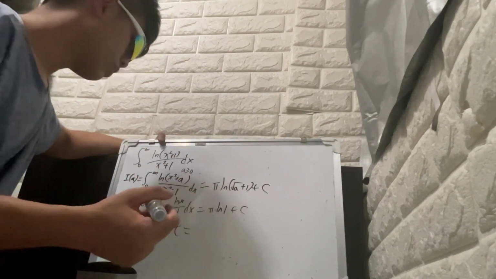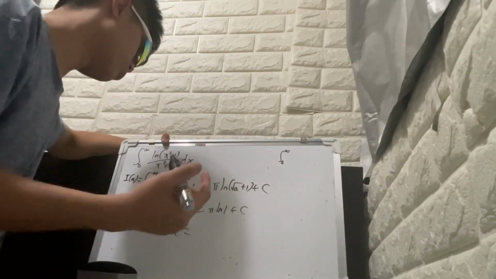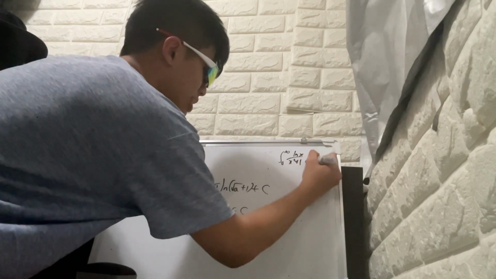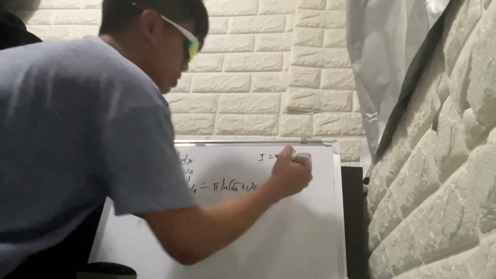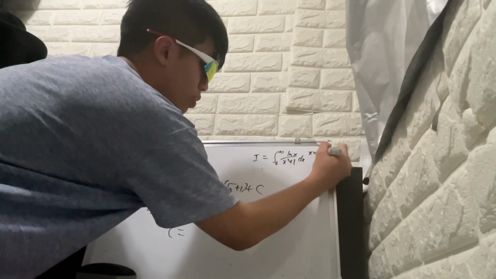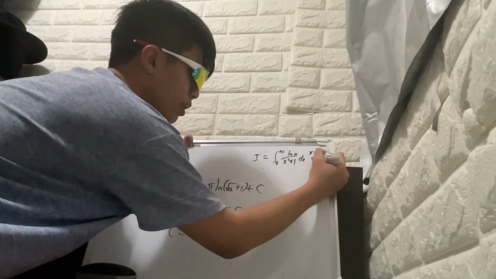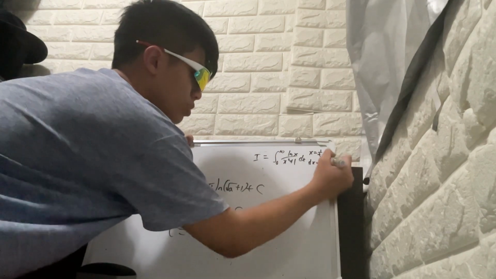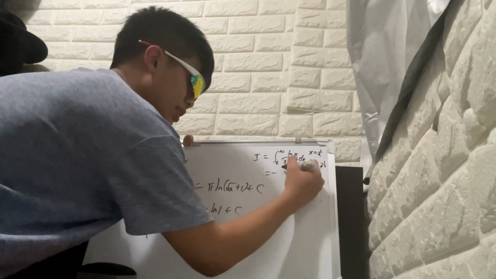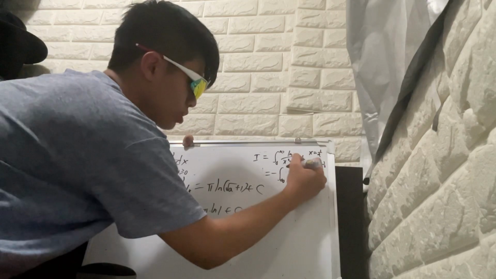We can not only let x equal tangent theta, we can also do this. This time we let I equal this integral, and then let x equal 1 over t, just a variable t. Then our dx is equal to negative 1 over t squared. We have a negative, and then put 0 into it: 1 over 0 is infinity, and 1 over infinity is 0.